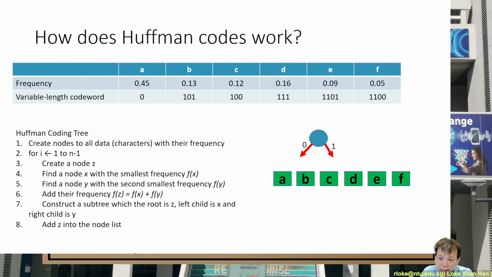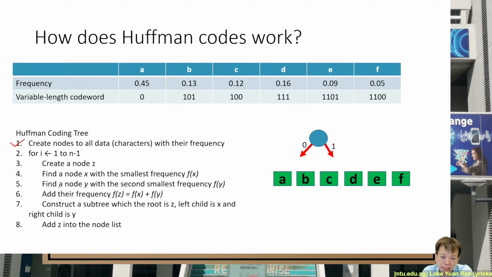This is the algorithm. And how does this algorithm work? First, you create the nodes. You create a node for each data: A, B, C, D, E, F. Here I use characters, but in fact, not only characters, it can be anything you want to use bits to represent.